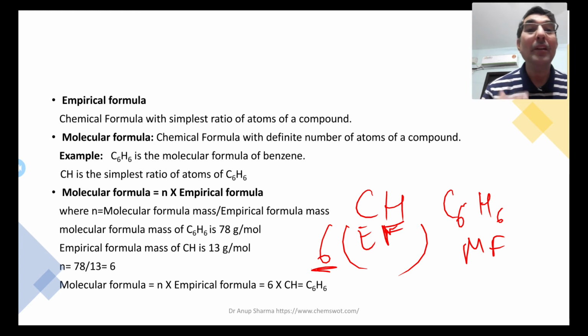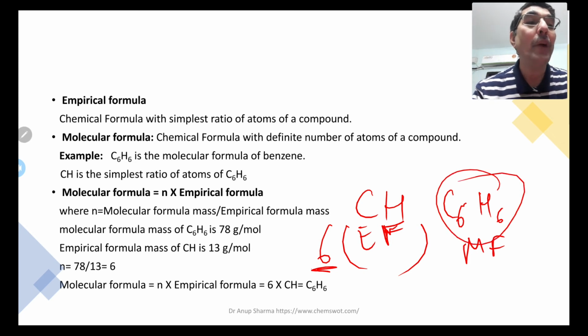Now if we don't know the factor, then we divide the molecular formula mass by the empirical formula mass and we get the factor. Suppose in the question the molecular formula mass is given as 78, then the empirical formula mass we can calculate as 12 plus 1, which is 13.